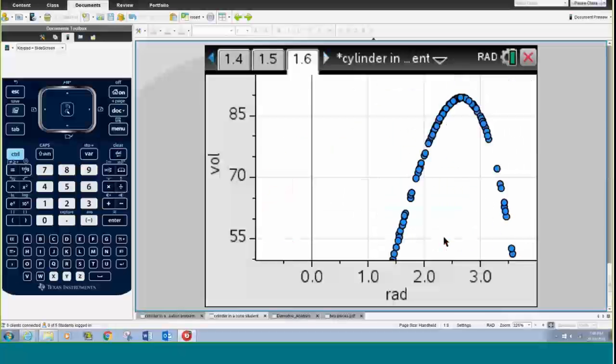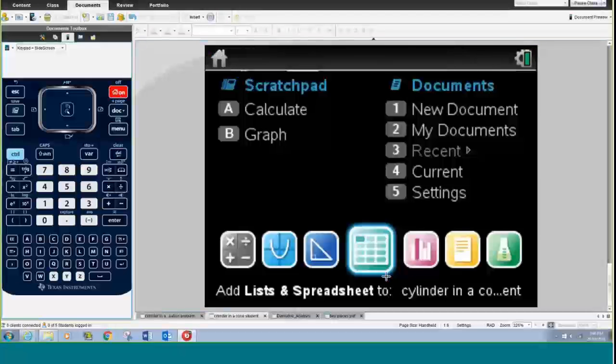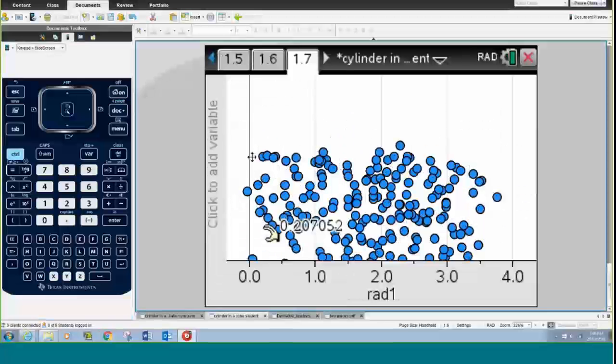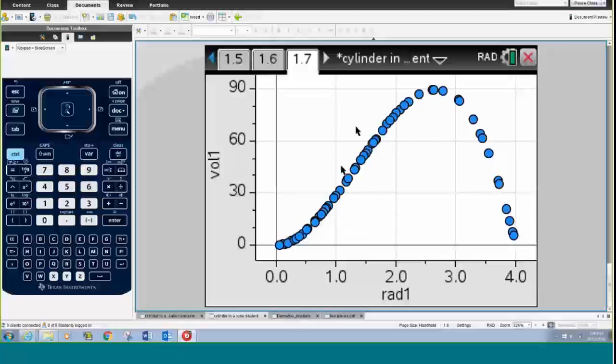If you want to put in a new graph, I called it radius 1 and volume 1. We clearly see that's the graph, and if you go back you can get more points.